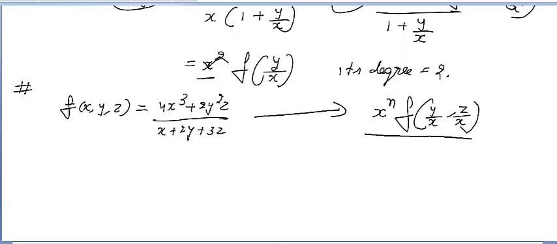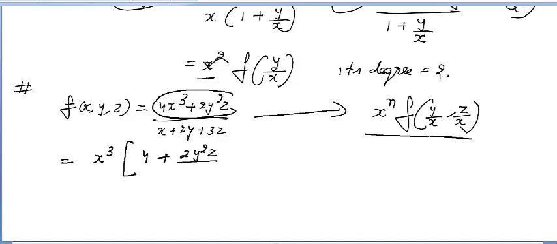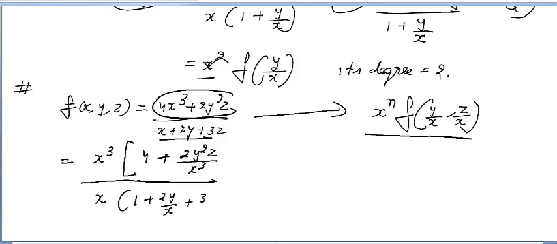How will I try? See it. So first from here I am getting x cube common. You have a 4 here, then 2y square z upon x cube. Very interesting to see this. From the denominator I am getting x common. So you have 1 plus 2 times y over x plus 3 times z over x.